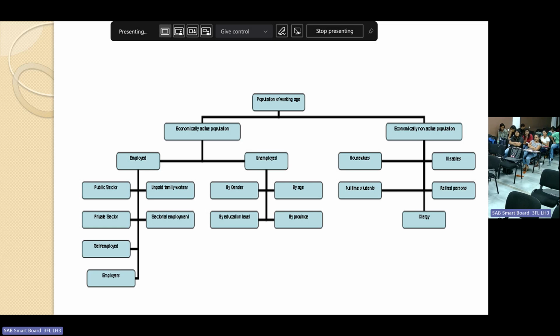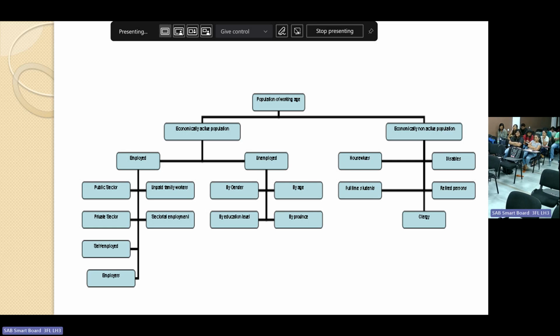Now, when you analyze the profiles of the employed and unemployed, that is very important. To analyze employment, you need to look at the Central Bank annual report: public sector employment, private sector employment, self-employed, and employers. Likewise, we need to analyze the employment profile.